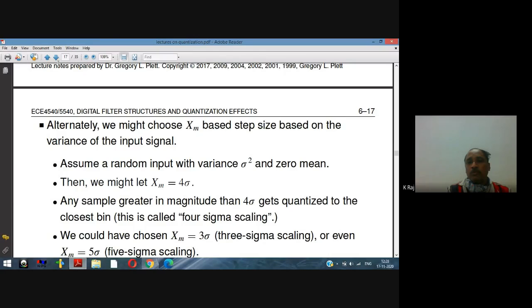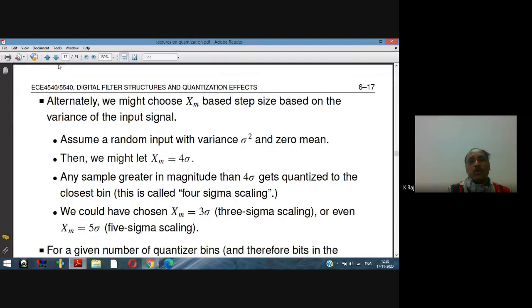We can also use xm as 3 sigma or 5 sigma. If we assume 4 sigma, then this is known as the 4 sigma scaling. If we are using 3 sigma, this is the 3 sigma scaling. If we are using 5 sigma, then 5 sigma scaling is the name given to this type of scaling here.